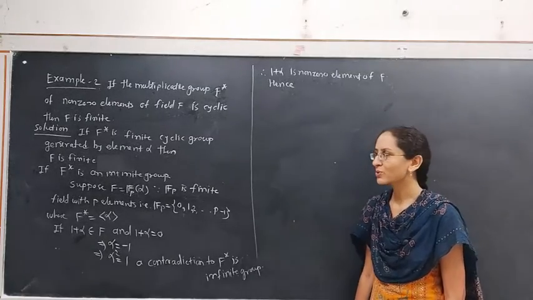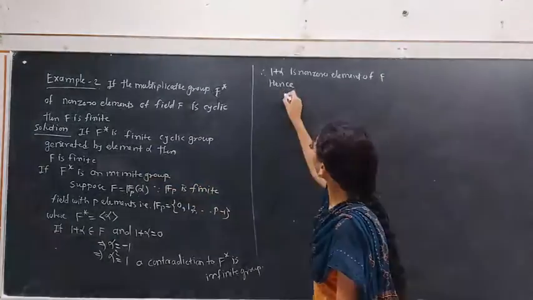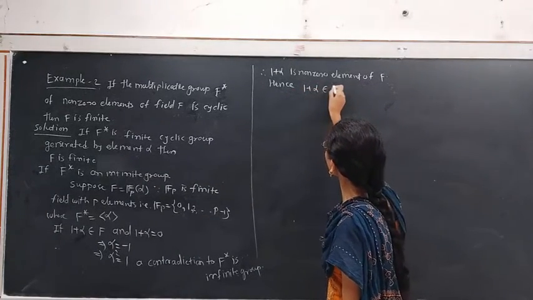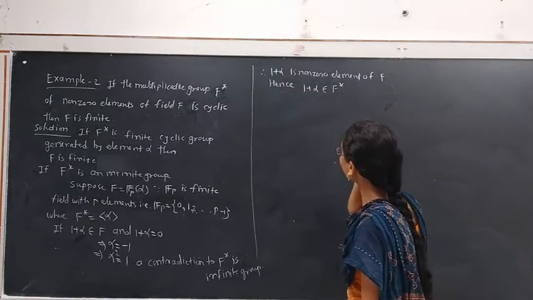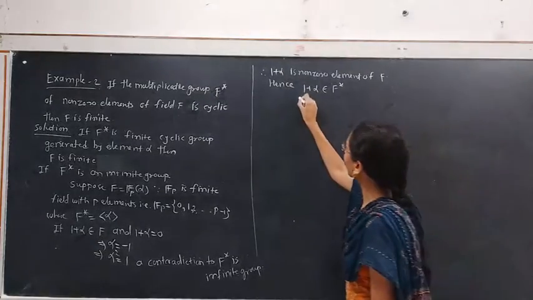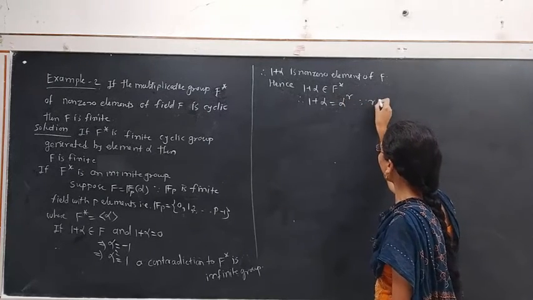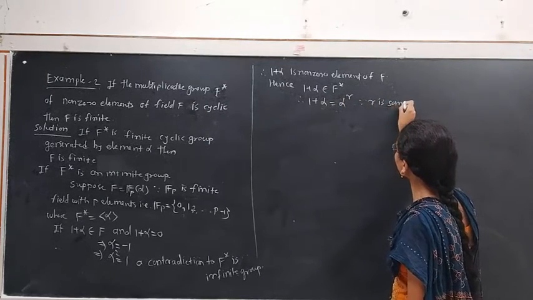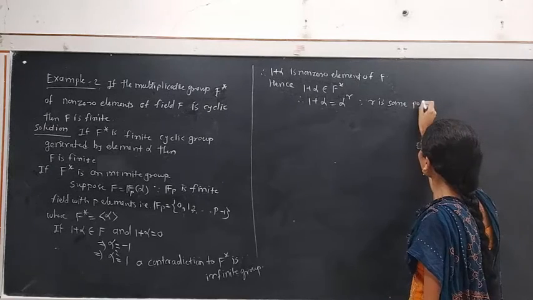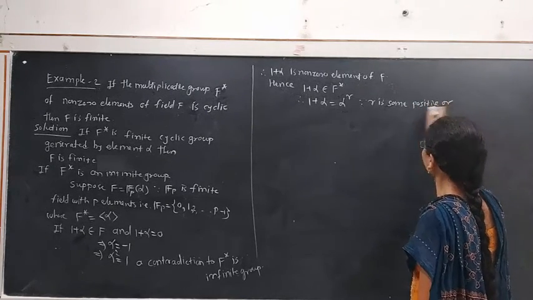Hence, 1 plus alpha belongs to the cyclic group F star. But what is F star? F star is a cyclic group generated by alpha. Hence, 1 plus alpha is equal to alpha raised to r, where r is some positive or negative integer.